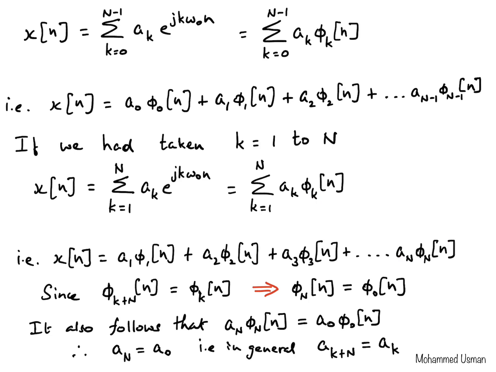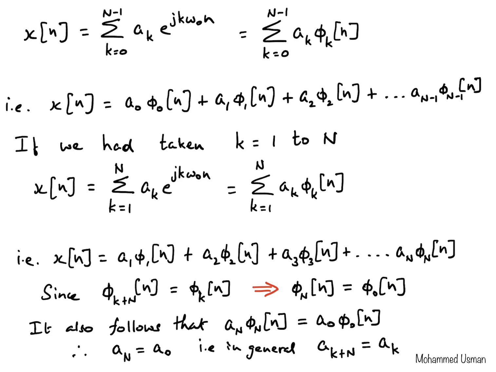Now we had this property that phi k plus n of n is equal to phi k of n. We've seen this previously a couple of slides back. So that implies that this last term, an phi n of n, is the same as the first term in this summation, a0 phi 0 of n, because phi n is the same as phi 0.